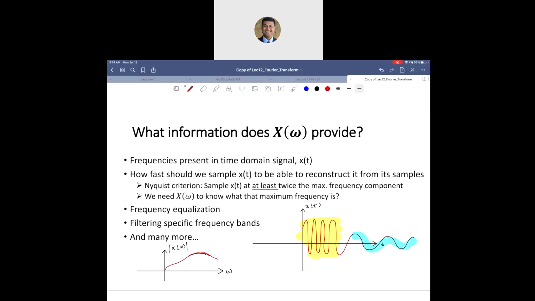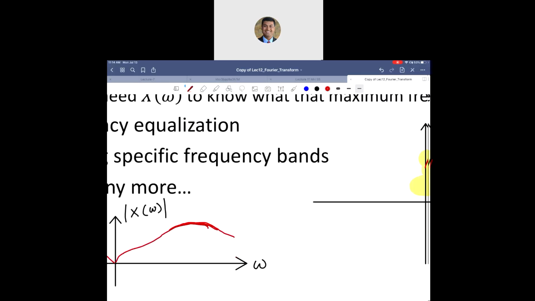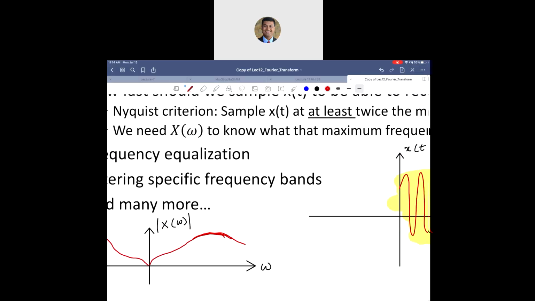And if it is real, it will have an even symmetry. But all those properties are coming later on. But if you see this, if this is 0 frequency, low frequencies are having lower amplitudes, higher frequencies are having higher amplitudes. That's the kind of information you're getting from this, right?